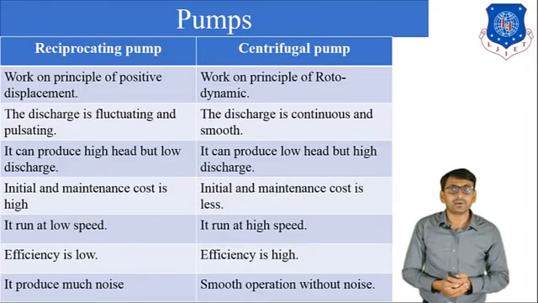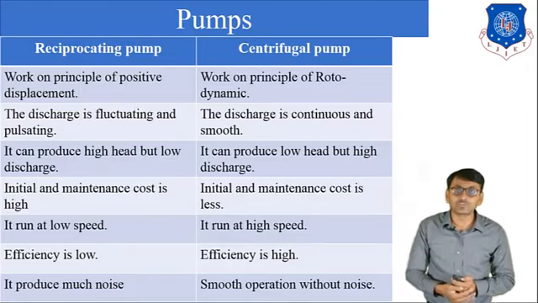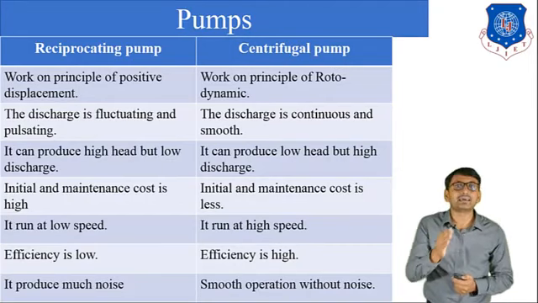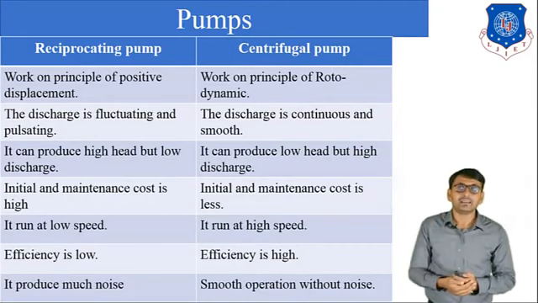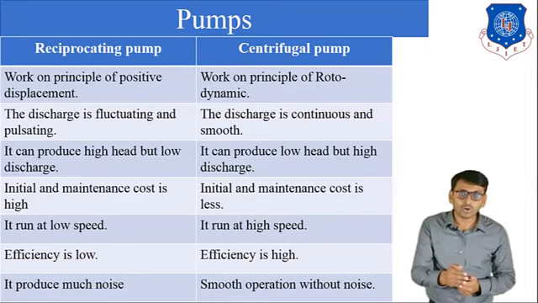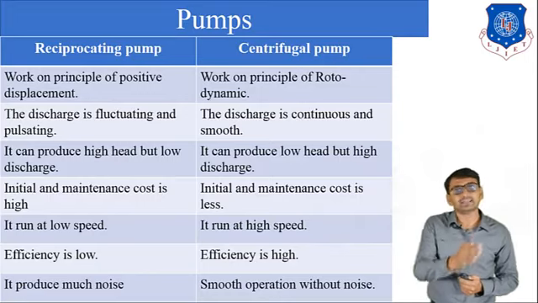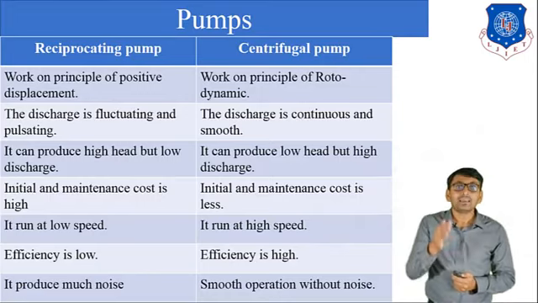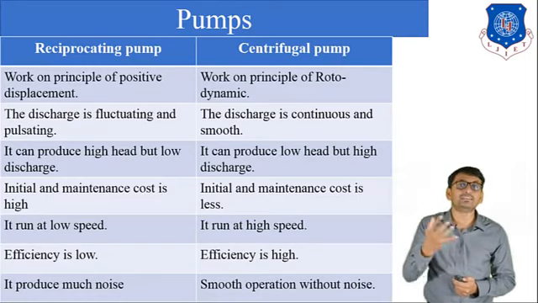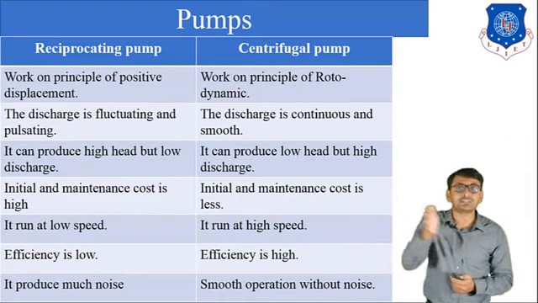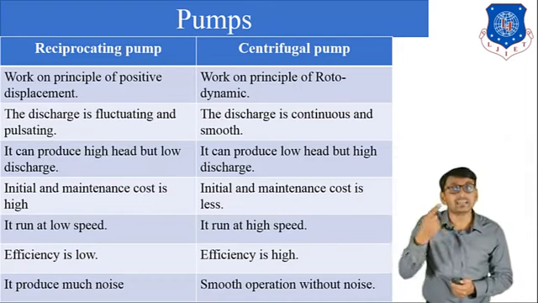The reciprocating pump runs at a low speed, and the centrifugal pump runs at a high speed. Then in the reciprocating pump, efficiency is low, and in the centrifugal pump, efficiency is high. Then the reciprocating pump produces much noise due to the reciprocating movement of the piston in the cylinder.